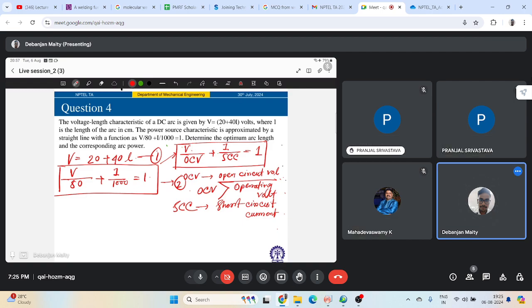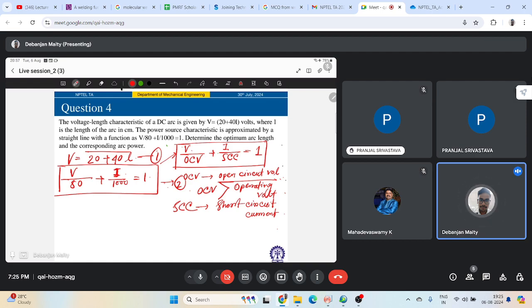There are two equations, V and this characterization of V and I. I need to determine the optimum arc length and corresponding arc power, right? So from these two equations, can I relate current with arc length?